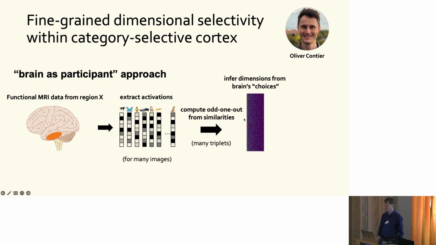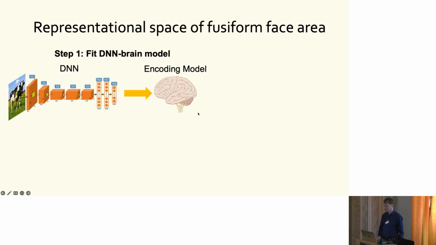And now what we're finding is that we can define an embedding, inferring these dimensions from the brain's choices, if you want. And the approach that we chose for doing this is that we fit a DNN brain model, which is currently the best model of predicting category selective responses in the fusiform face region. This is from Ratan Murthy's and Nancy Kanwisher's lab.